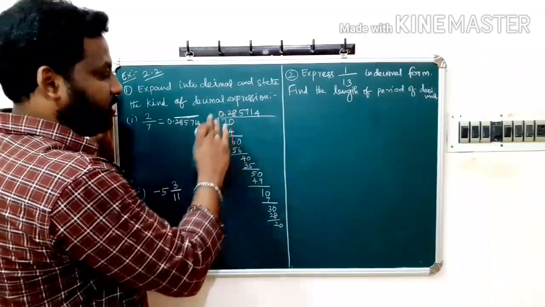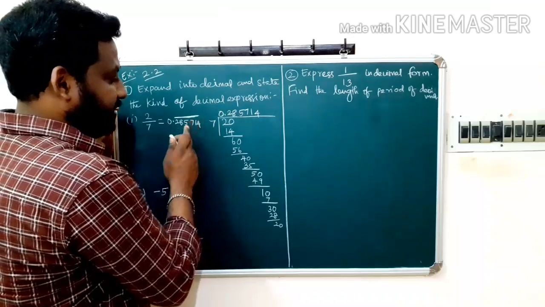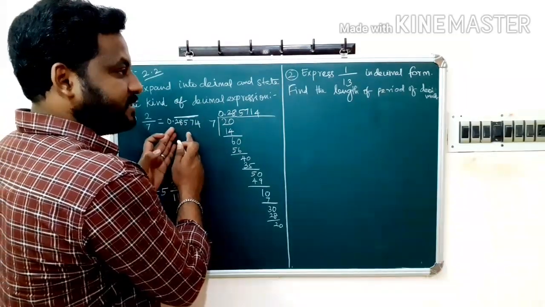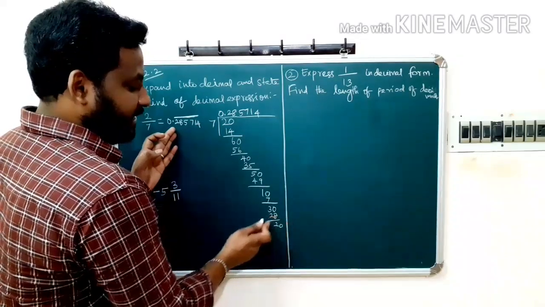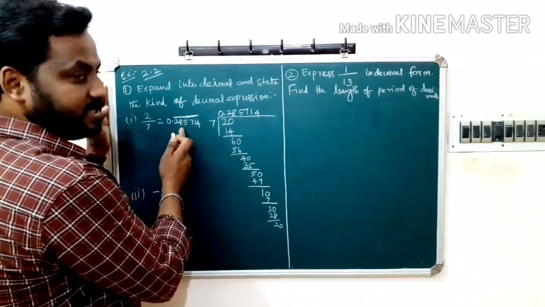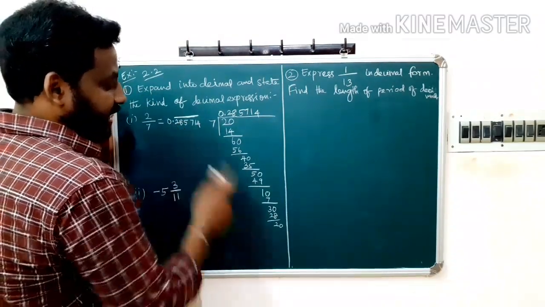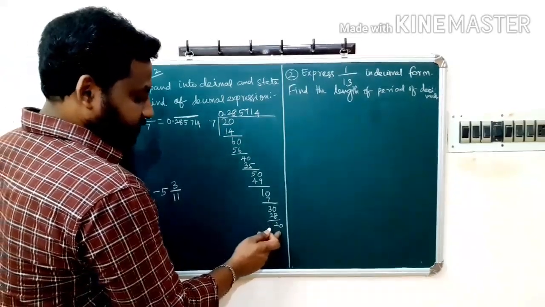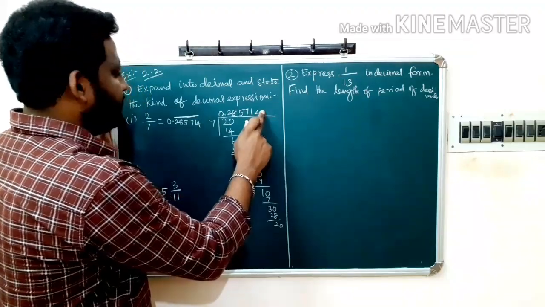I already told you, if the decimal expansion does not end with 0, if the remainder is not equal to 0, the decimal expansion must be a non-terminating decimal. And again, if we divide, the same number 2 will be repeated.